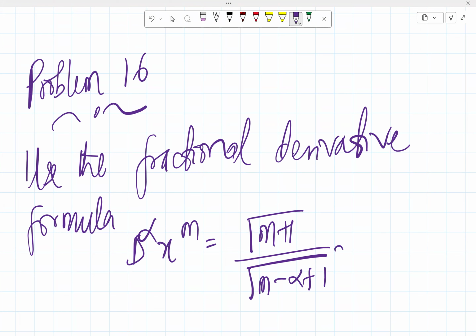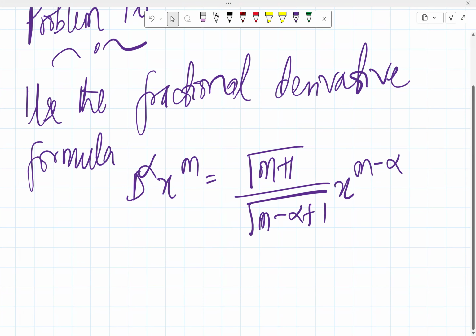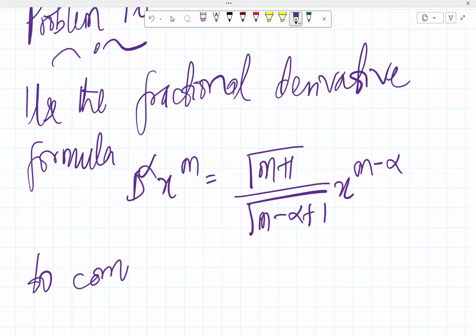Use the fractional derivative formula to compute the half derivative of x raised to the power 3. That's the job we have to deal with. So let's go ahead and do that. Solution: the formula speaks for itself, right?